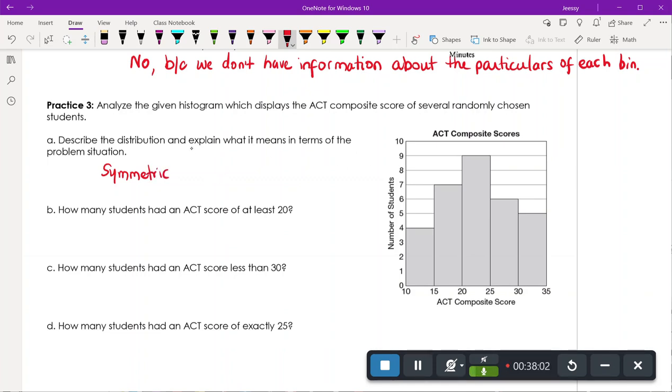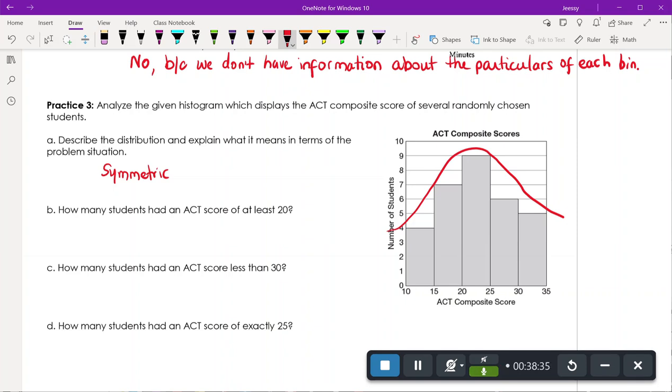Explain what it means in terms of this situation. Does it make sense that the scores of randomly chosen students would be symmetric? Why? Why does it make sense that the scores on a national state test would be distributed symmetrically?